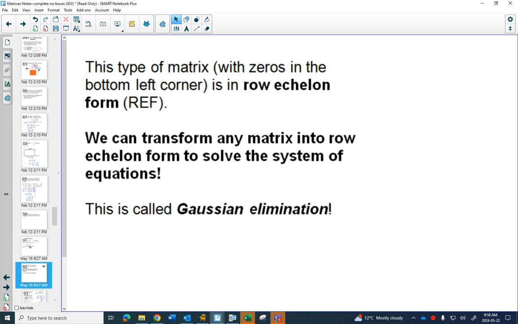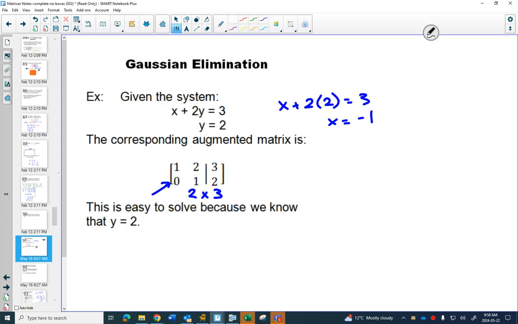Now, Gaussian elimination is all about getting your augmented matrix into row echelon form. Row echelon form just means that there are zeros in the bottom left corner of your coefficients part.